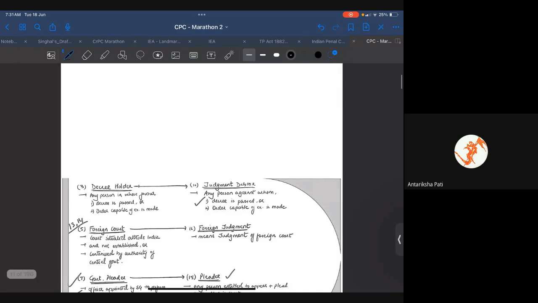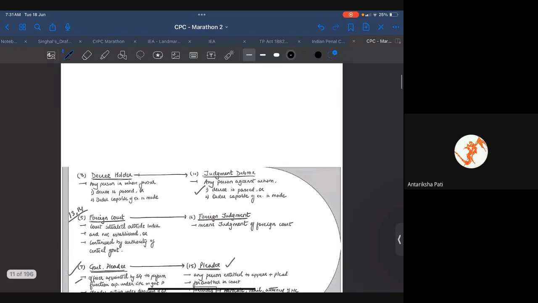Now, a decree holder is any person in whose favor the decree is passed or order capable of execution is made. Suppose A and B are two parties.